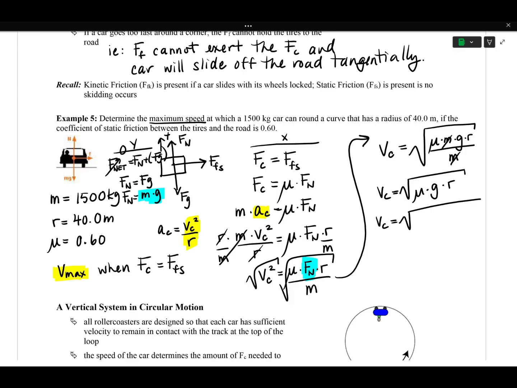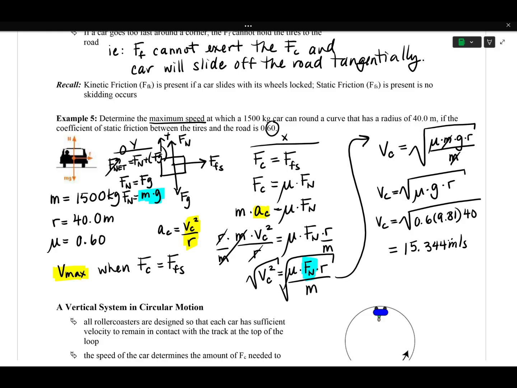Now we can solve. So centripetal speed is equal to the square root, plug in our numbers, 0.6, g is 9.81 unless otherwise stated, and r is 40. So if you plug that into your calculator and don't forget to square root it at the end, you will get a value of 15.344 meters per second, and it goes on.